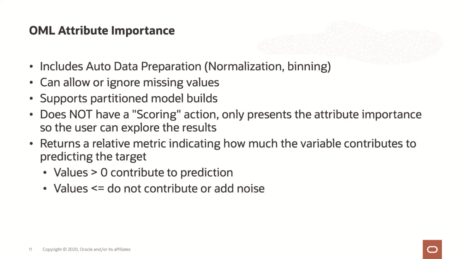The only thing that the attribute importance does not do is that it doesn't have a scoring action, so you don't really predict using that model. The output of that model basically is the relative metrics indicating how much a variable contributes to predicting the target. So values more than 0 will contribute to prediction. Very small values do not contribute or just add noise.